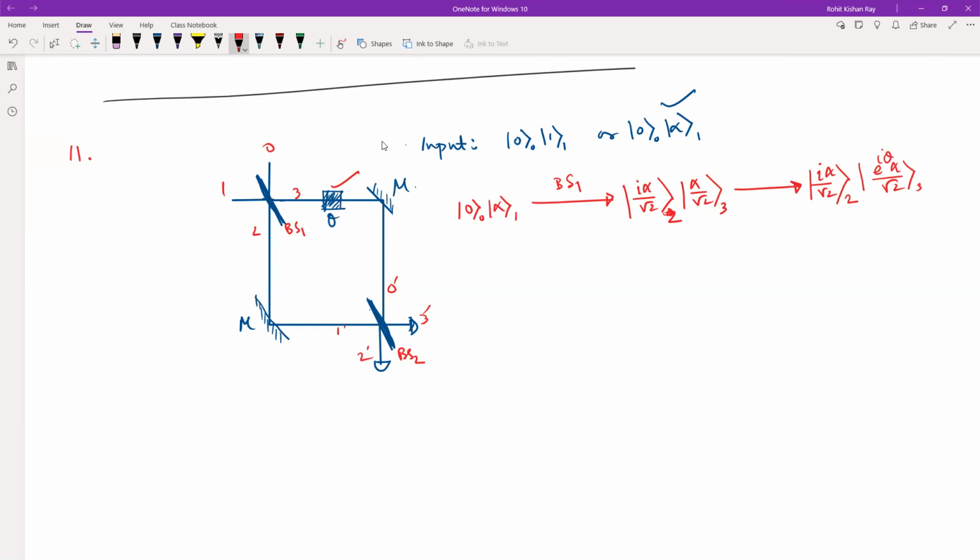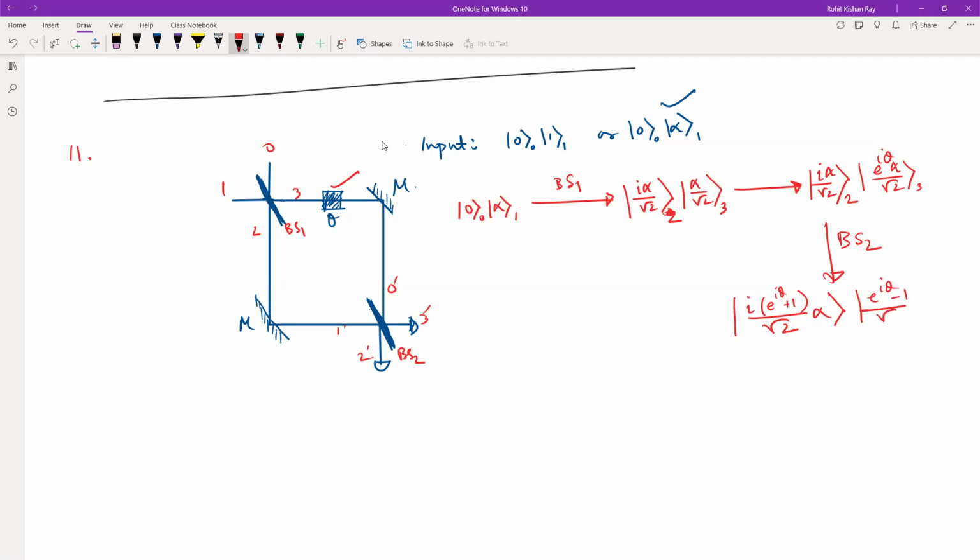We are not interested in that. What happens is that if you put that 2, what you get is this one to be distributed again. This can be computed using the beam splitter matrix directly also.